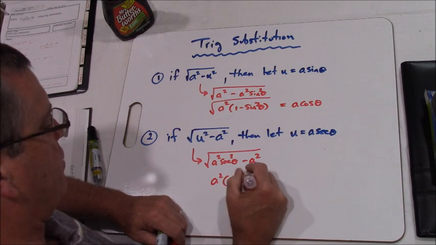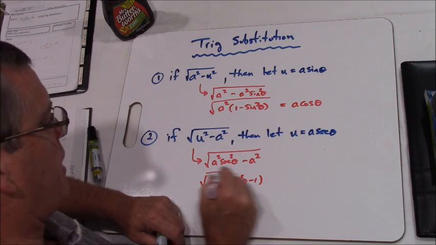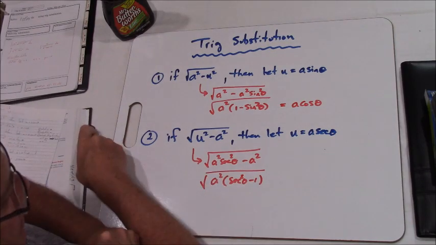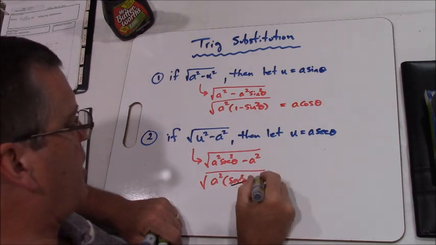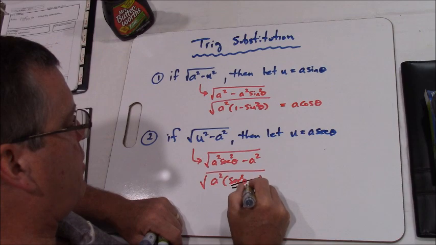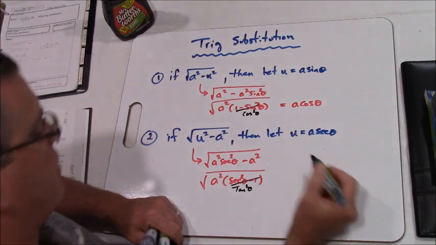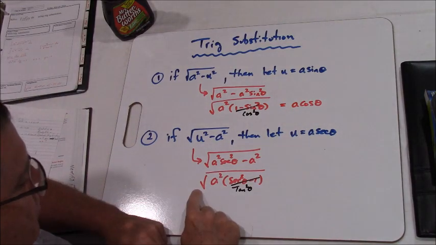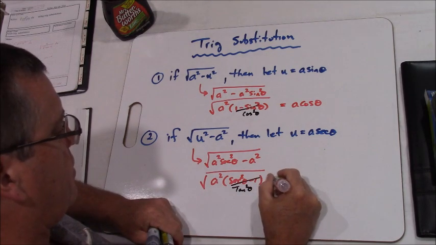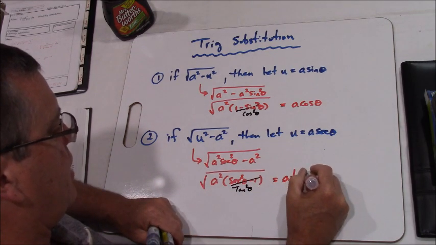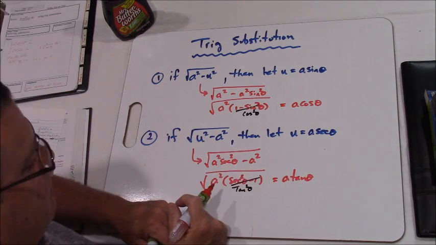What I'm left with is the square root of secant squared theta minus 1, which, again with the Pythagorean identity, becomes tangent squared theta, just like this became cosine squared theta. And so now I'm taking the square root of a squared tangent squared, and so this whole thing equals just a tangent theta. And that's an easier thing to integrate than this right here is.